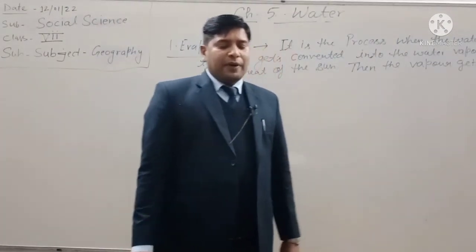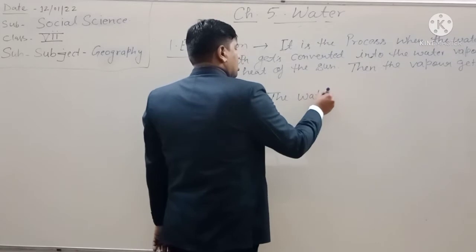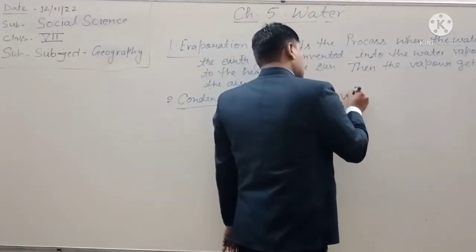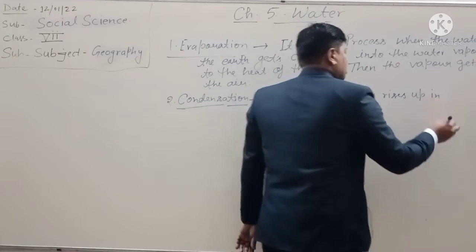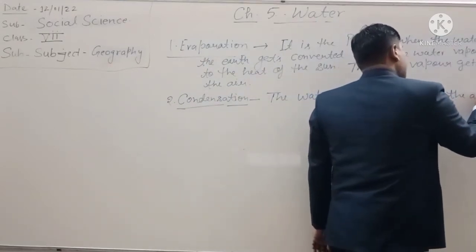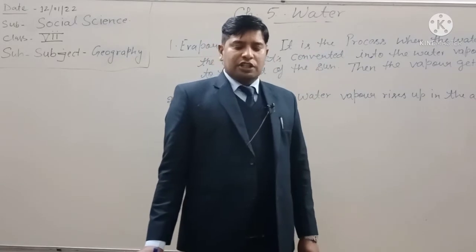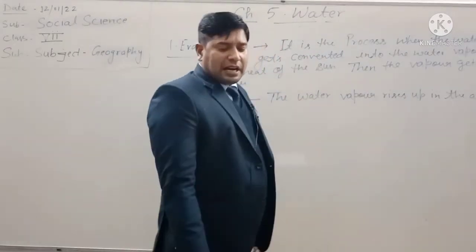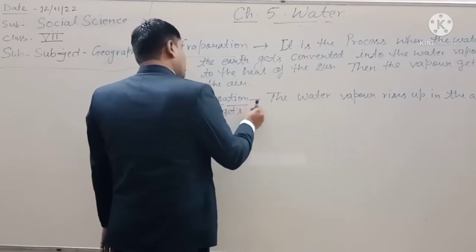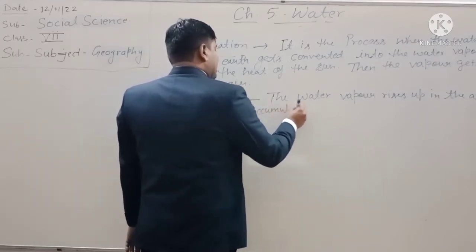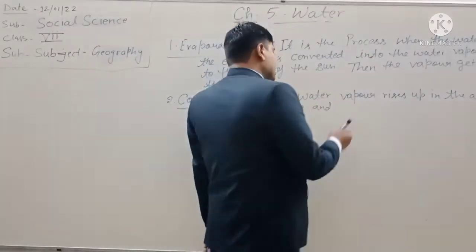The water vapor rises up in the atmosphere and gets accumulated, condenses and forms water droplets.